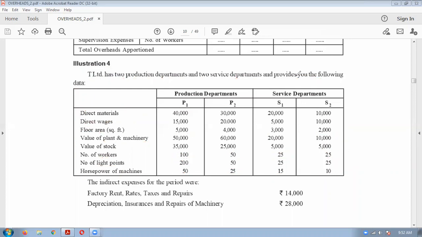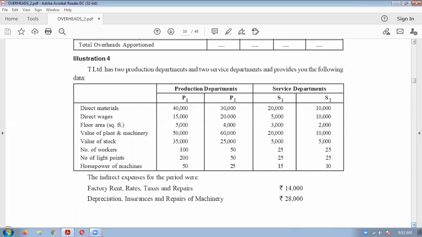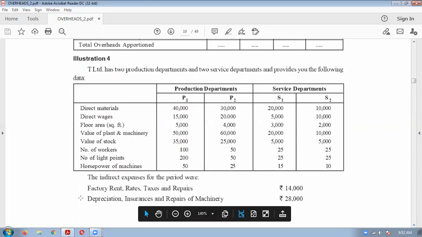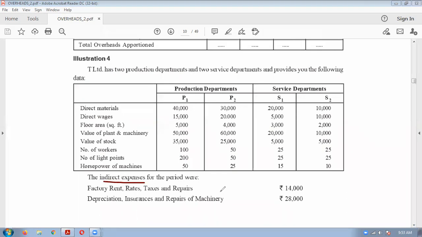So it is very simple. Let us understand. Indirect expenses details are given in the question. See, factory rent, rates, taxes, repairs 14,000. These are all indirect expenses. Depreciation, insurance, repair of machinery 28,000.